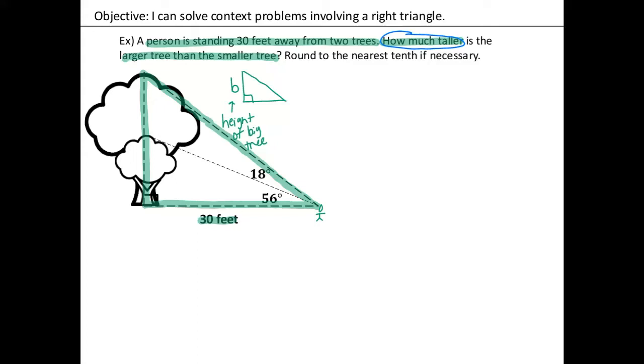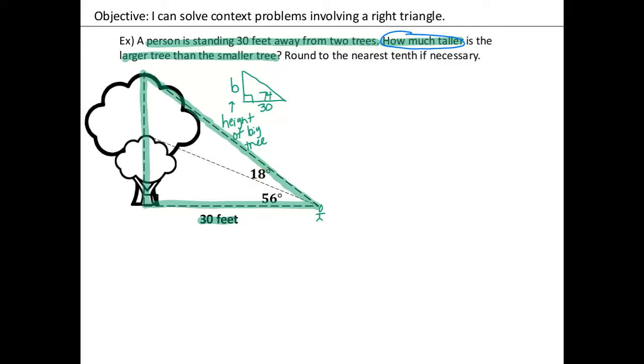I still know that this is 30. And then I need to figure out what this angle is right here. If you look at the big triangle, I know from here to here is 56, and from here to here is 18. So how can we figure out the total angle here? Add. What's 56 plus 18?